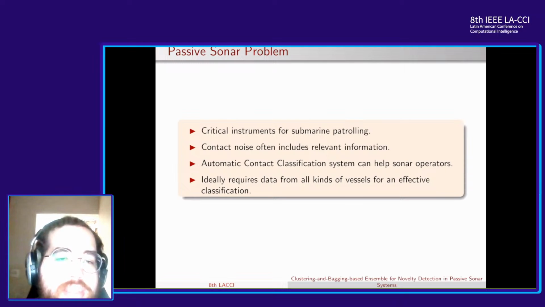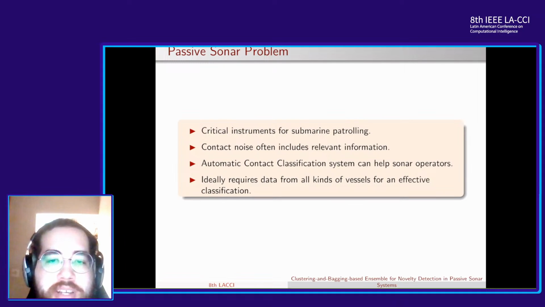Naturally, this cannot be realized, as many military vessels employ furtive strategies and are kept secret. Bearing this in mind, the existence of mechanisms capable of recognizing new classes of vessels is fundamental, since most automatic contact classification systems will only be capable of distinguishing between a limited number of vessels in practice.